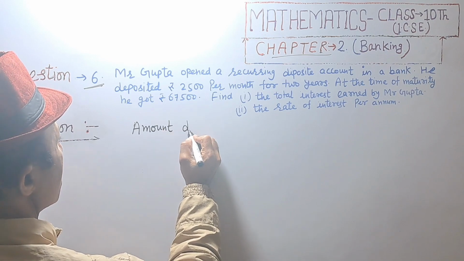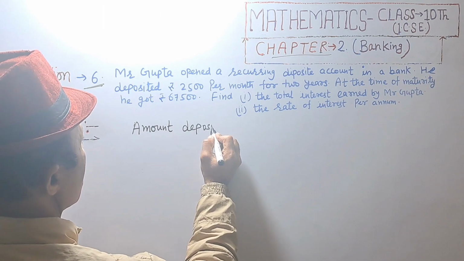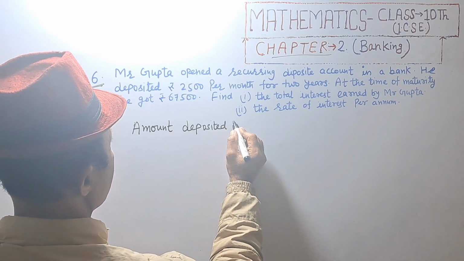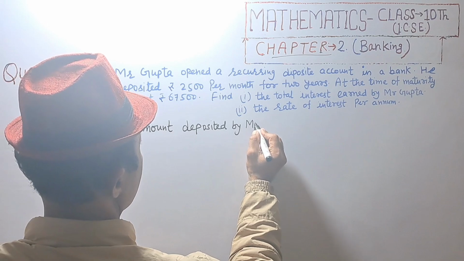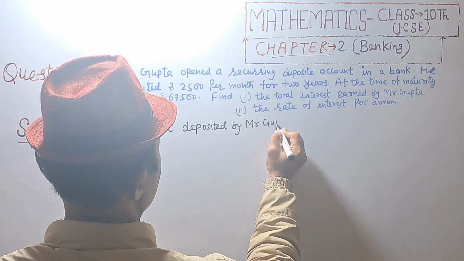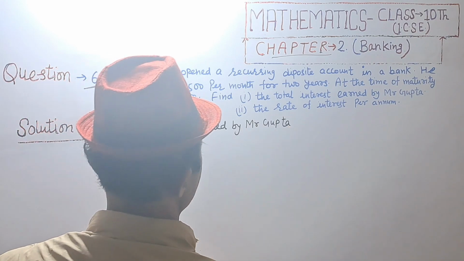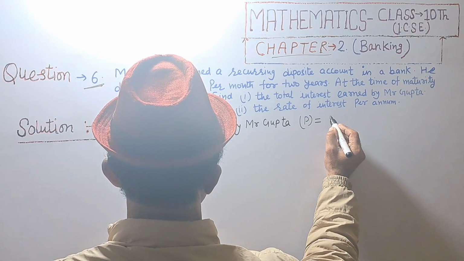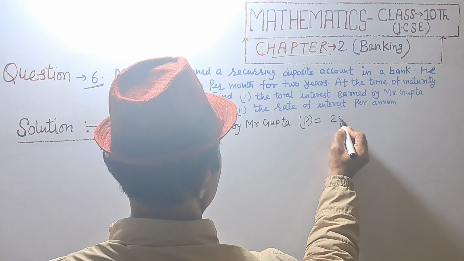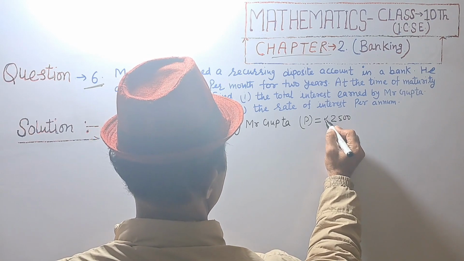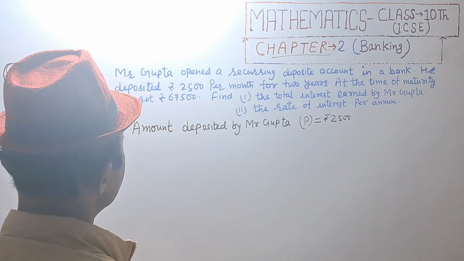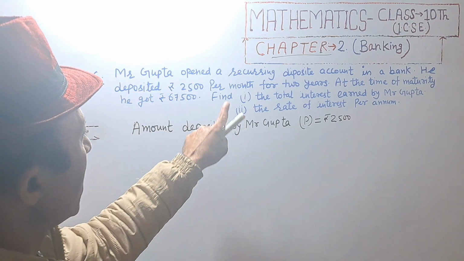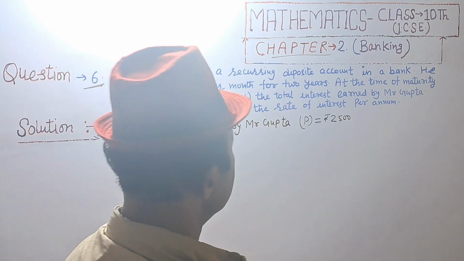Amount deposited by Mr. Gupta. P is equal to 2500 rupees per month for 2 years.